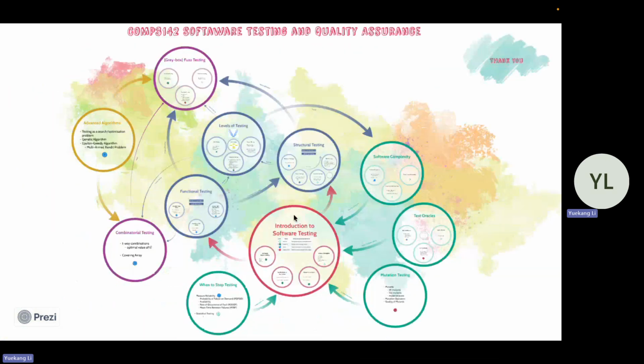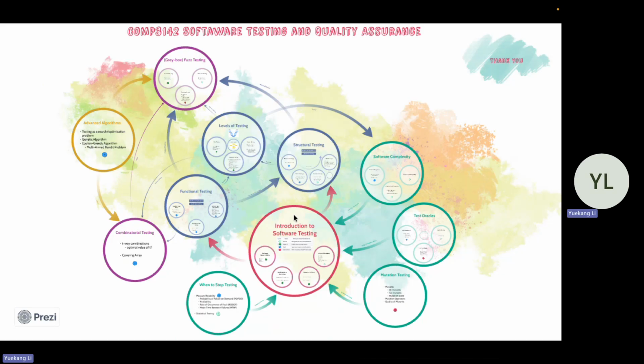And I hope that after this term, you should have this. Although we allow you to bring an A4 page double-sided cheat sheet to the final exam, I hope that you can have this knowledge graph in your mind.